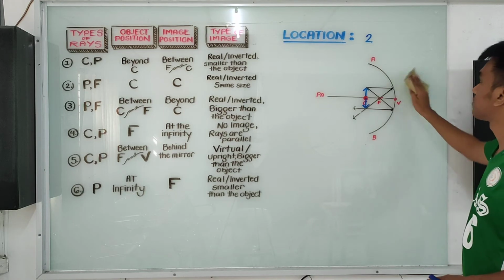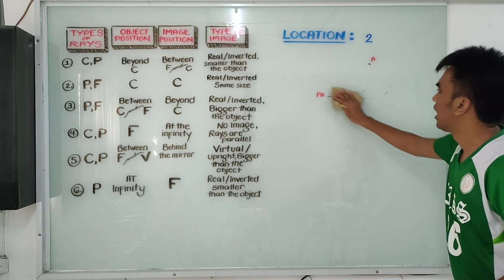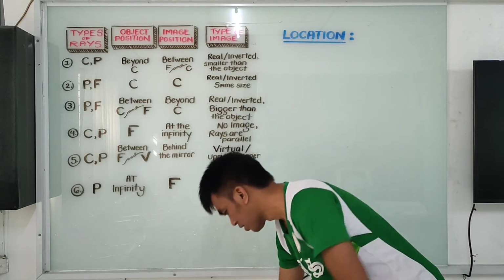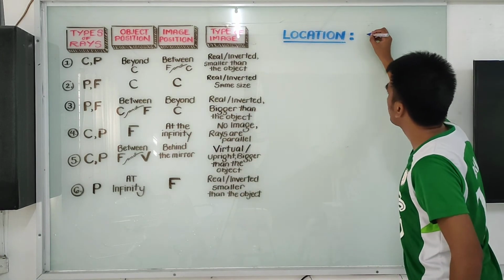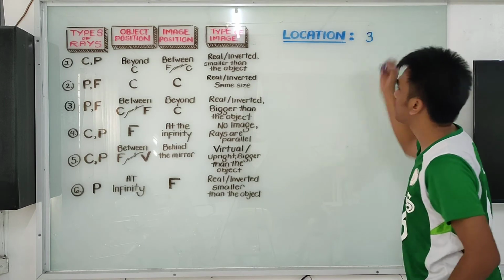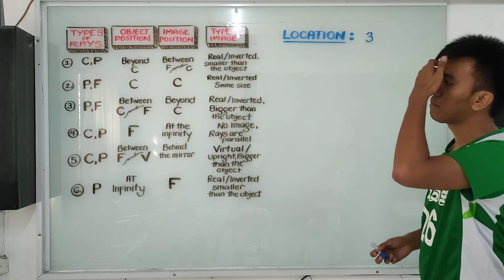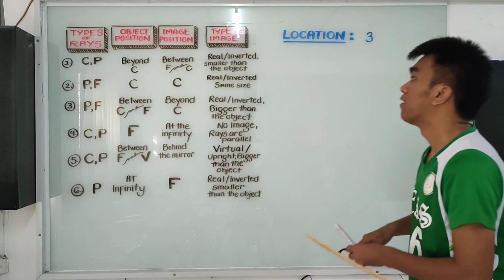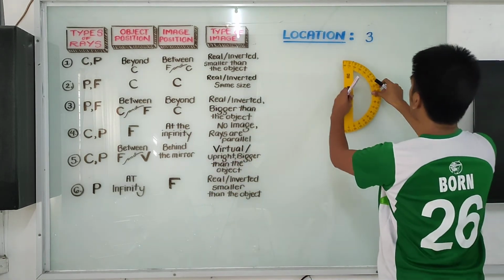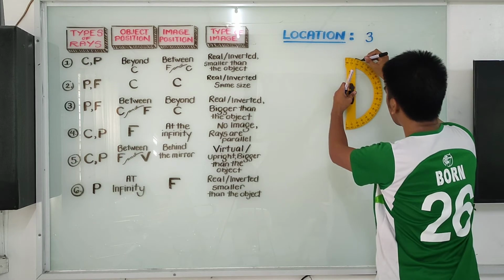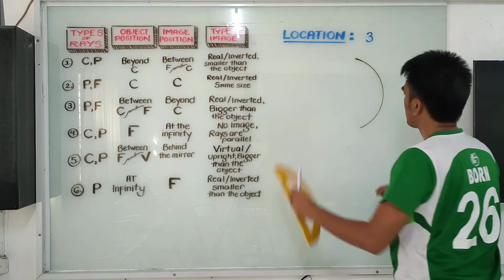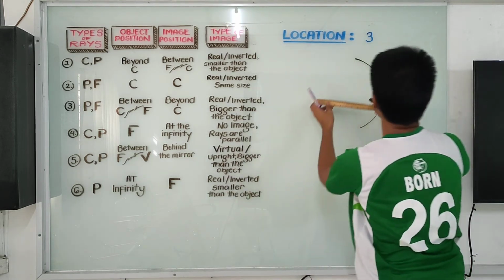So the next location is the third location. The position of the object is between the center of curvature and focus. So let us illustrate again the side view of our spherical mirror.